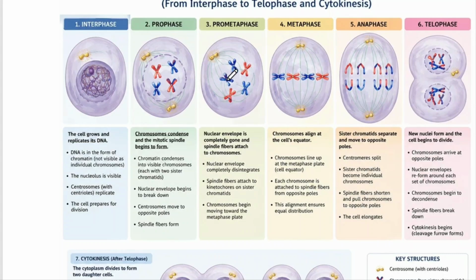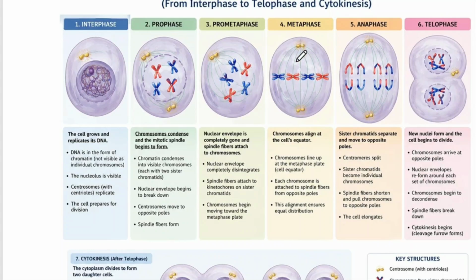Here is the chromosome, here is the centromere. The chromosomes begin moving toward the center of the cell, and the chromosome number is still 46.